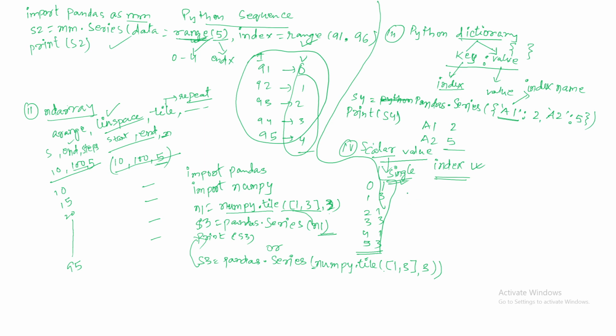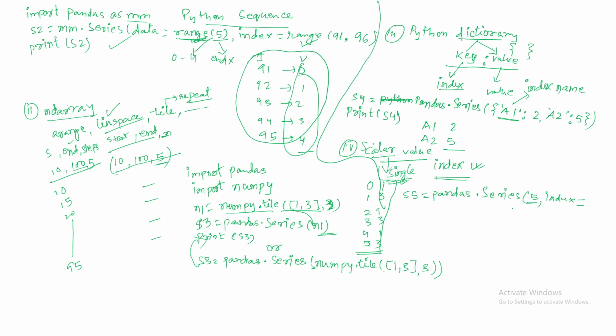S4 I have used. Now I am using S5 equal to pandas dot series. Now any value, suppose I am writing 5, it is a single value. Then index equal to, you will write it here.